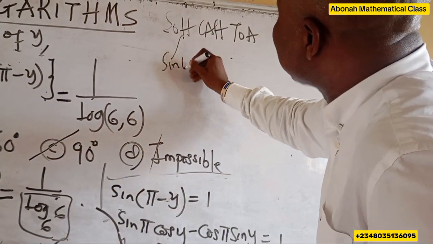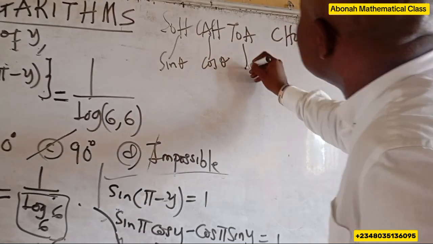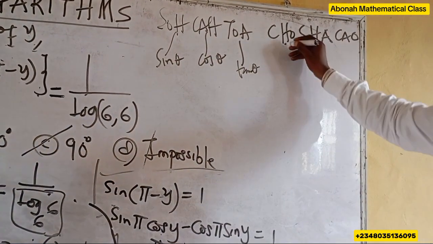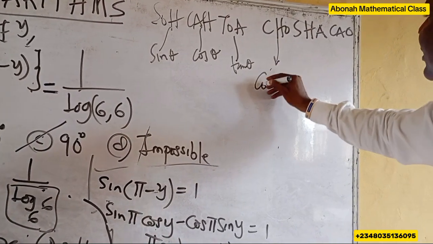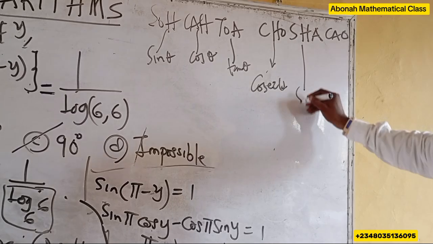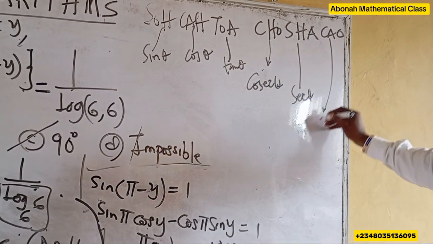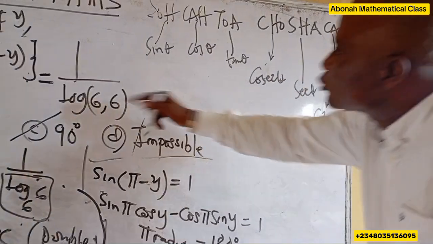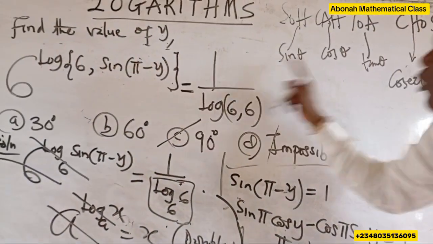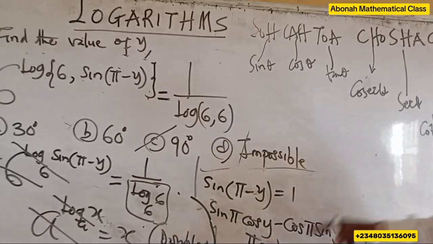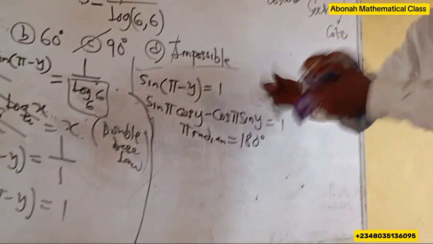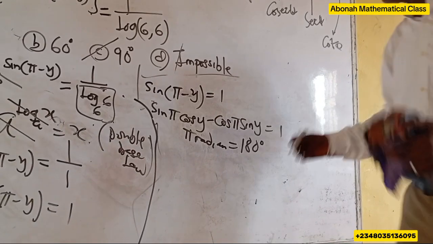Here is sin theta, here is cos theta, here is tan theta, the first 3. Here is cosec. This side is sec theta, while this one is cot theta. Because we are given one of the trigonometry ratios, in trigonometry per se, our pi is 180. Under mensuration, our pi is 22/7.